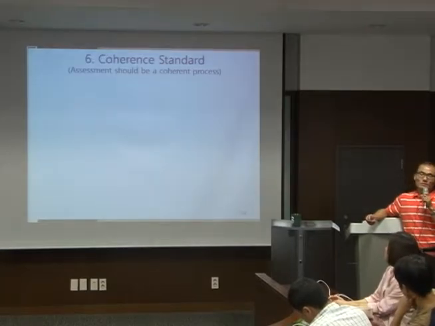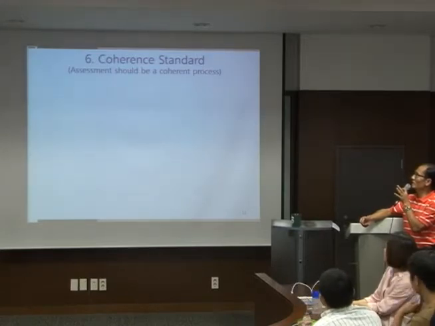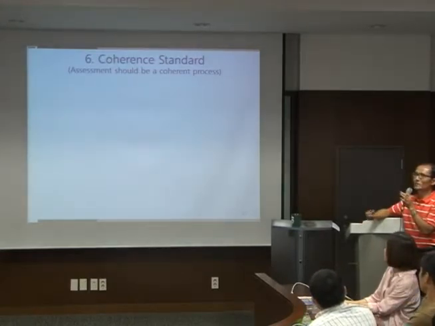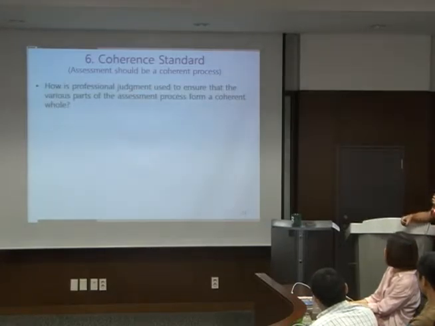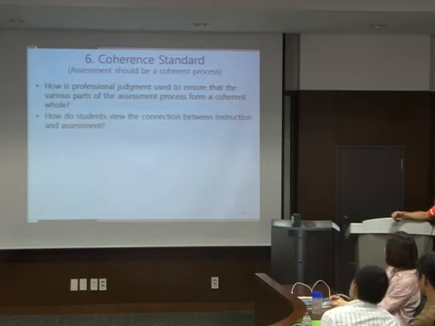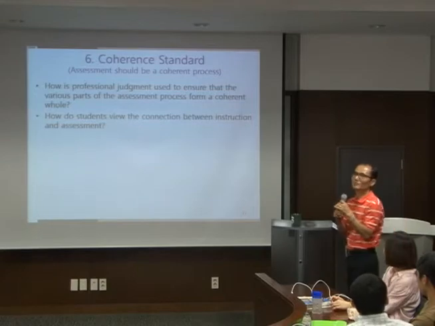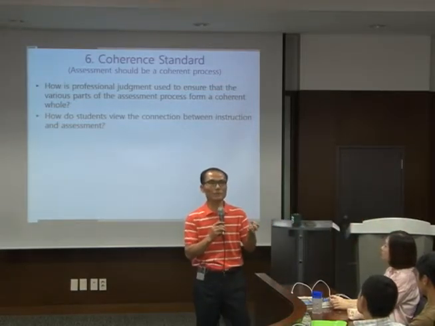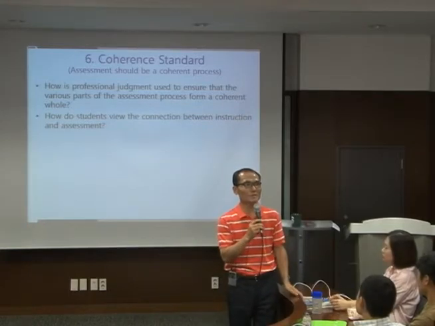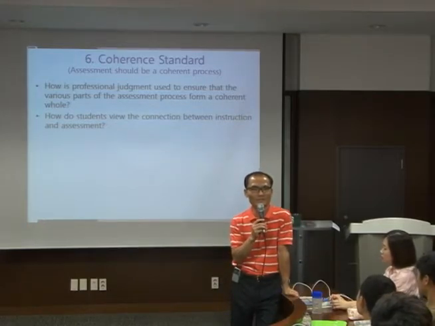The last one, the sixth, coherent standard. I already emphasized, assessment should be a coherent process. In other words, how is professional judgment used to ensure that the various parts of the assessment process form a coherent whole, right? Also, how do students view the connection between instruction and assessment? If your student feels, oh, my teacher taught totally different content compared to the assessment, that's going to be problematic, right?